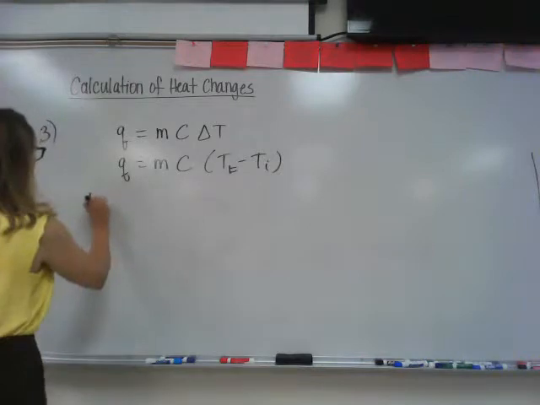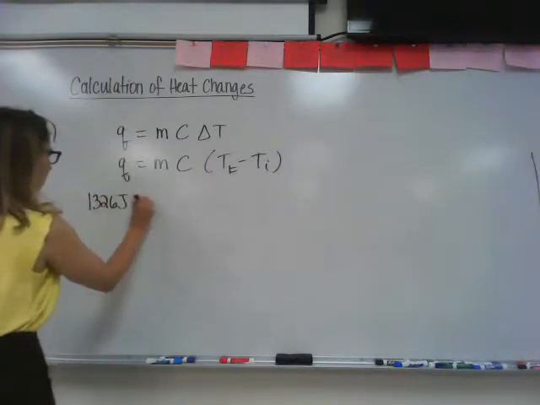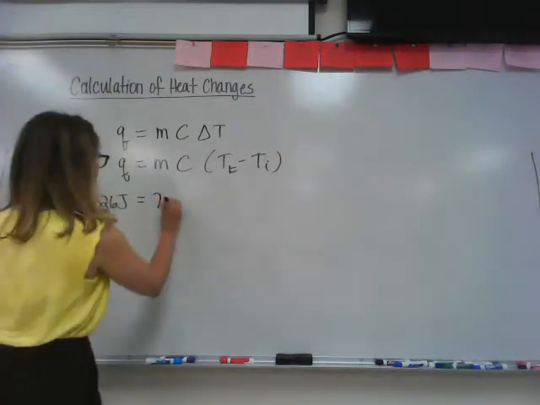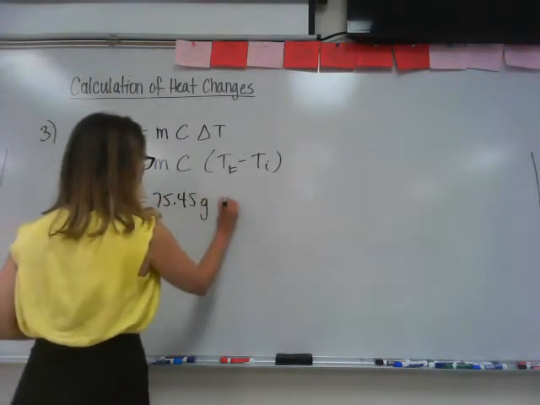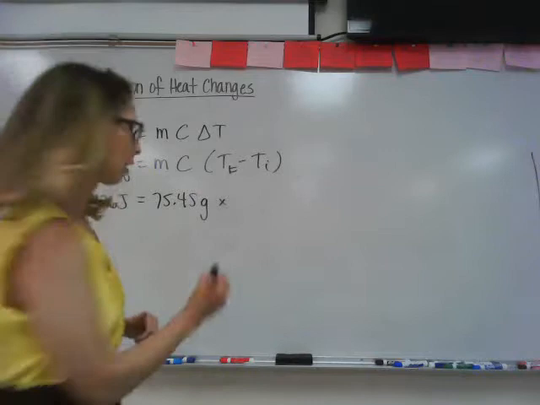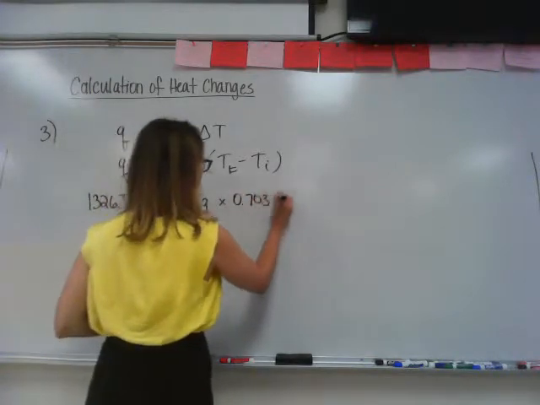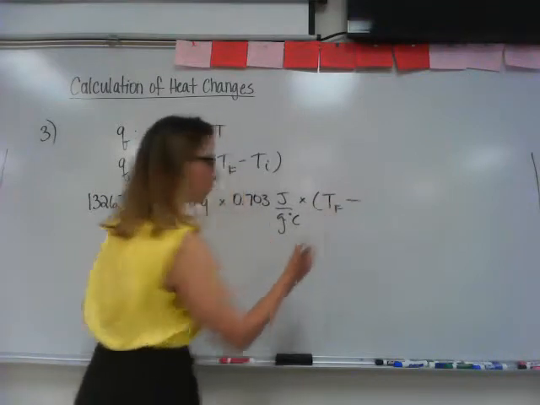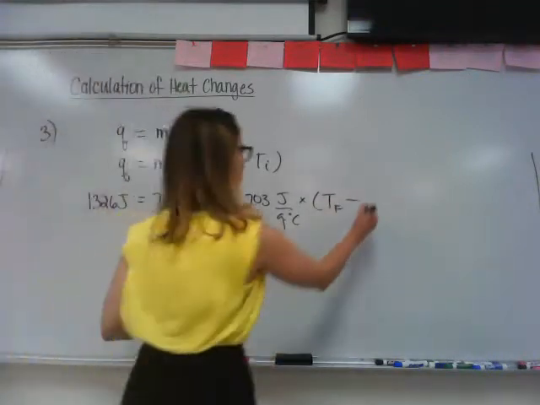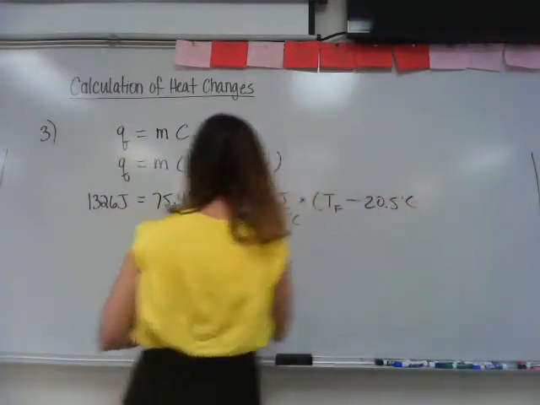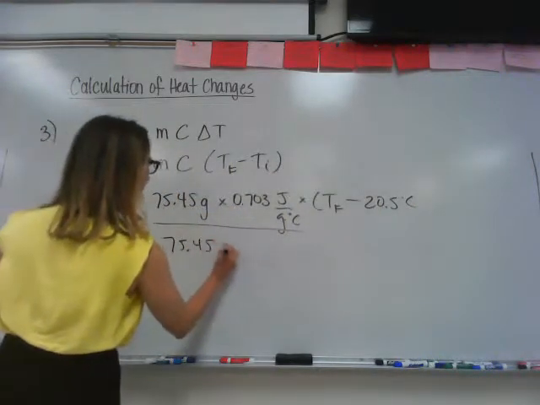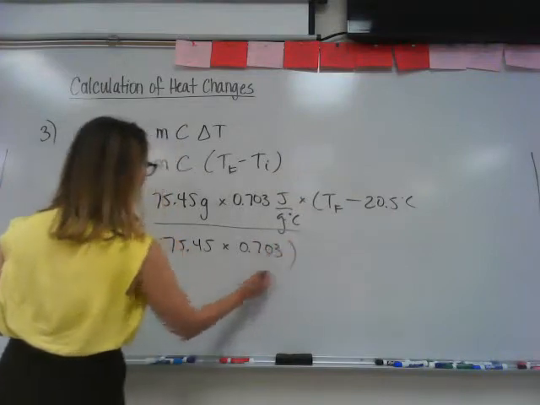So you've got 1326 joules, which is your heat or your Q, and then 75.45 grams is your mass. And then your specific heat is 0.703 joules per gram times degrees Celsius. Leave T final in there, and your initial temperature was 20.5 degrees C. What I suggest you do is divide both sides by these two numbers here.